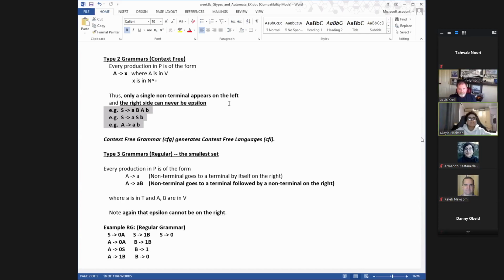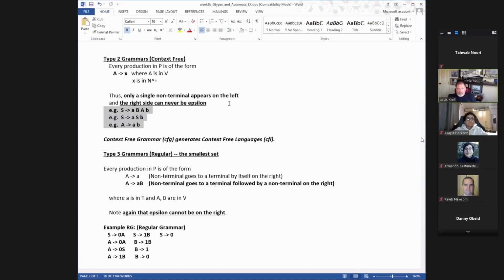Could one be like S goes to A? Yes, it can, because it's any number of terminals and non-terminals on the right. Now, when you say S going to A, are you saying lowercase s or uppercase S? Upper. Upper, right, because as you can see right above there, only single non-terminals appear on the left.